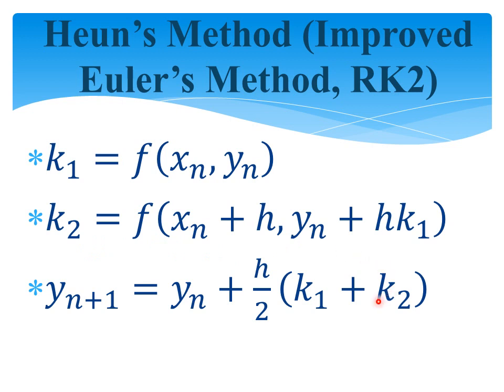Then yn+1 = yn + h/2 (k1 + k2). If we find y1, it means we put n = 0 in all these, it means x0 and y0. According to the same process it continues, and we will find the answer.